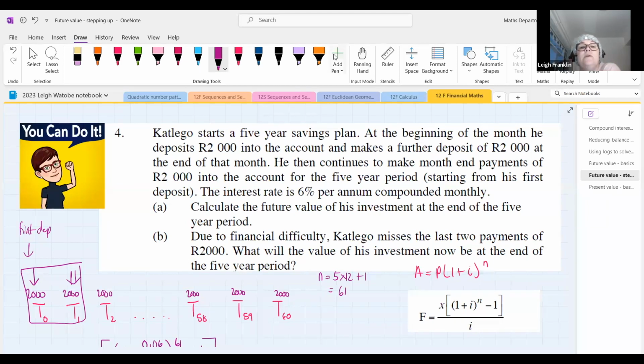That's why there are 61 payments. Okay. Yes, that's exactly it, Amahle. I don't know if the rest of you saw what Amahle put in the chat, but you are correct. Yeah, so Leanne, he made 2 payments in the first month and then payments at the end of every month after that. Yes.